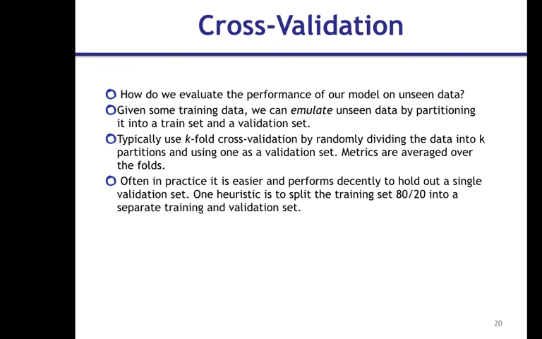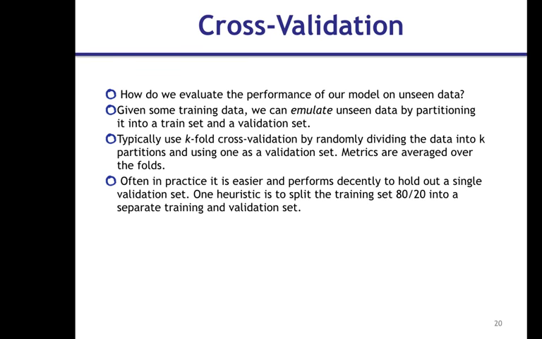So in some real-world data sets, you might not have a separate way of testing the performance on unseen data. So in cases where you don't have unseen data, you can sort of emulate its existence by partitioning your data set into a train set and a validation set.